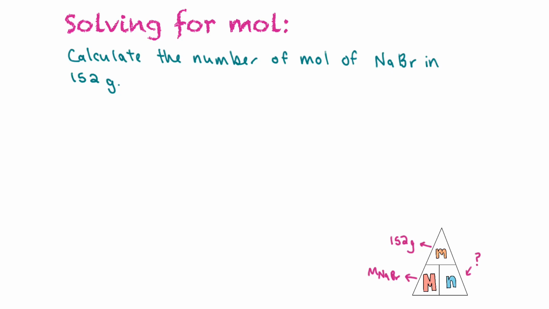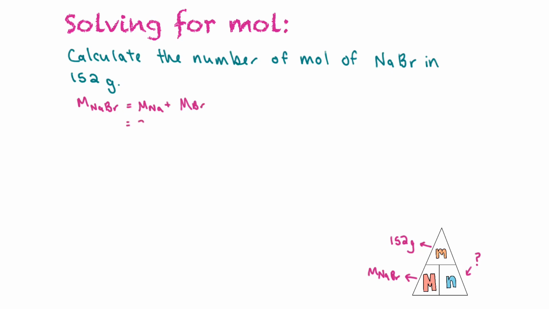So when we're solving for mass or molar mass or moles, you may need to do a side calculation. You may actually need to calculate the molar mass before you can start plugging your values in, which is what we need to do here. So the first thing that we need to do is find the molar mass of sodium bromide. So M of NaBr is equal to the molar mass of sodium plus the molar mass of bromine.